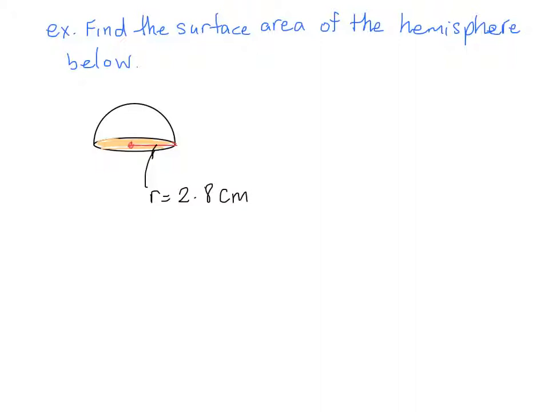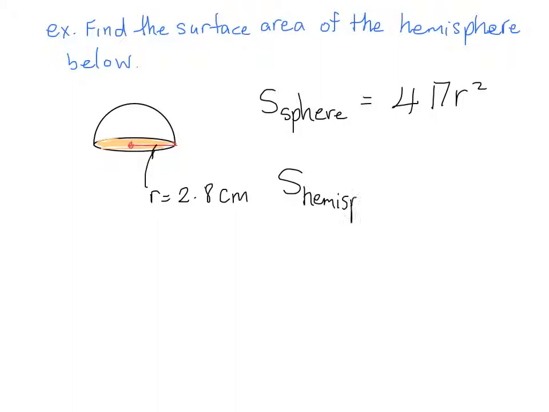So the surface area of an entire sphere, from what we just learned, is 4 pi r squared. But we're only dealing with half a sphere, so the surface area of the hemisphere, this part that I'm about to shade in blue, is half of the whole sphere, which is 2 pi r squared.